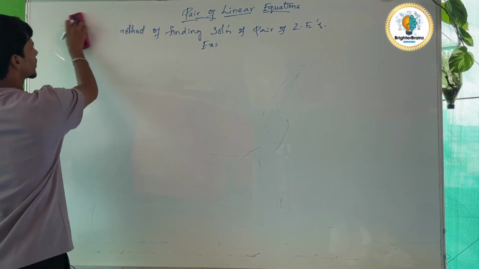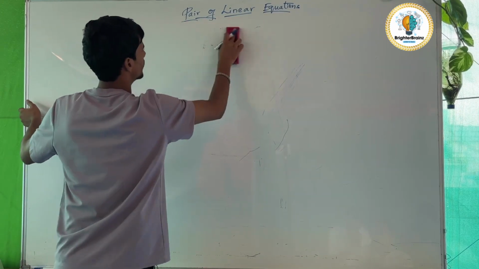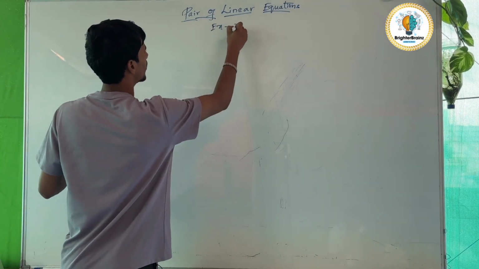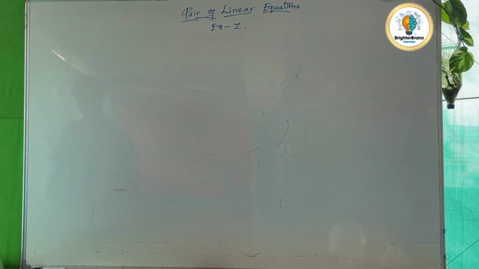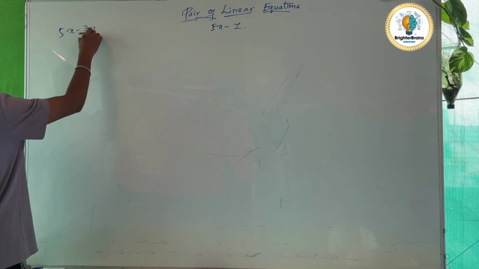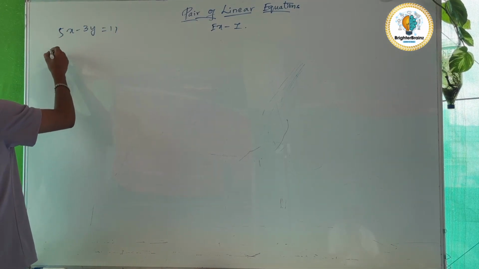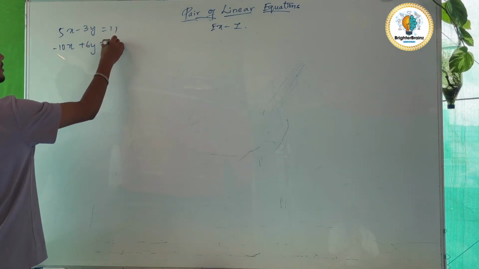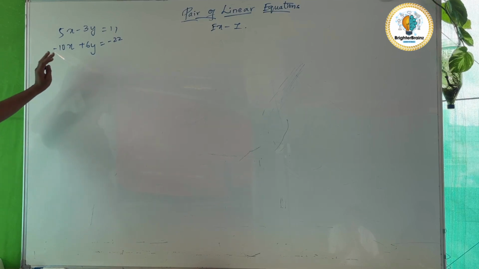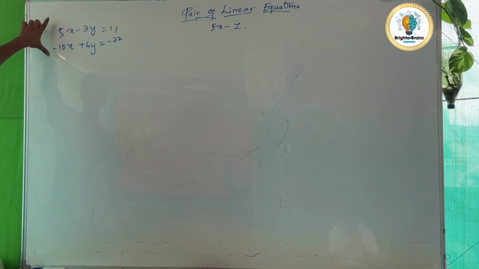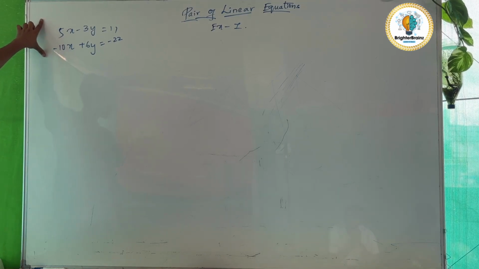Exercise 1: let us take 5x minus 3y is equal to 11 and minus 10x plus 6y is equal to minus 22. These are the two linear equations, a pair of linear equations. First we need to know what type of linear equations these are.